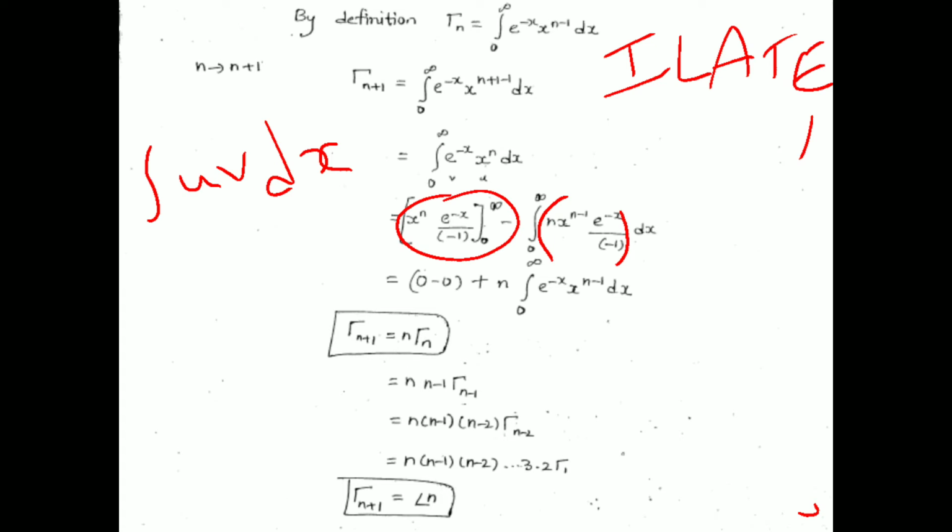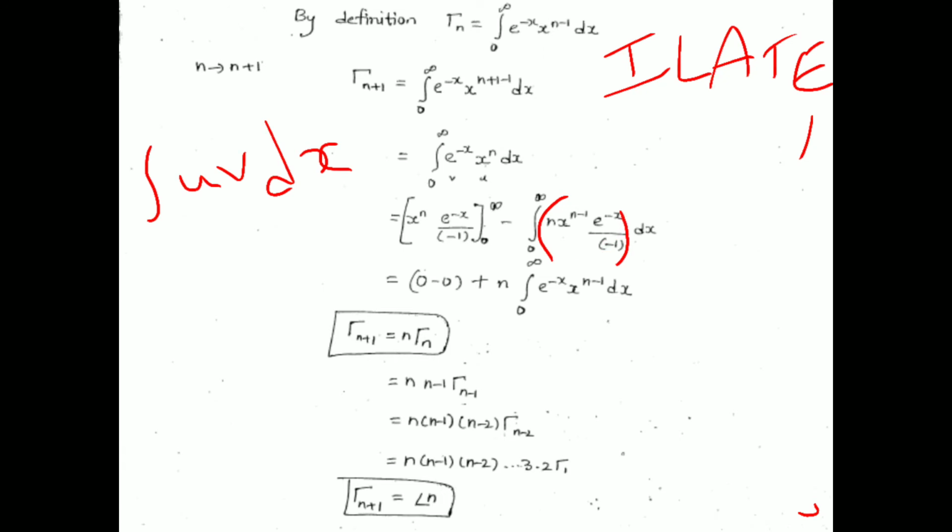So the first limit would be 0. Next, upper limit minus lower limit: substituting 0 in the place of x, we have 0 power n into e power 0. Of course e power 0 is 1, but it is multiplied with 0 power n, which is nothing but 0, and 0 into anything is 0. So this term would be eliminated, and what would remain is this.